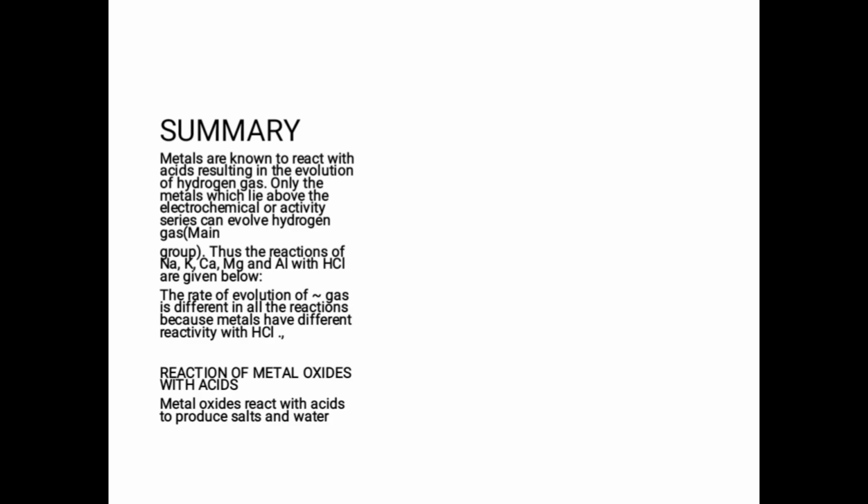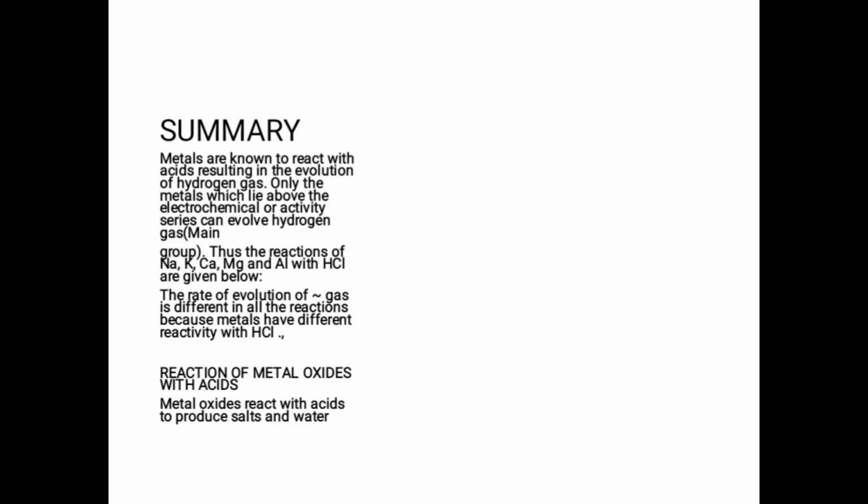Only metals which lie above hydrogen in the electrochemical or activity series can liberate hydrogen. What do we mean by that? Metals that are above hydrogen in the activity series, which include most group period 3 and period 4 metals, will liberate hydrogen with acid.